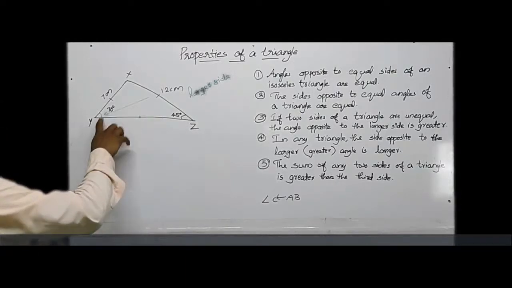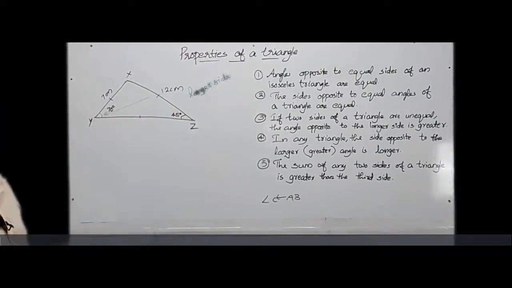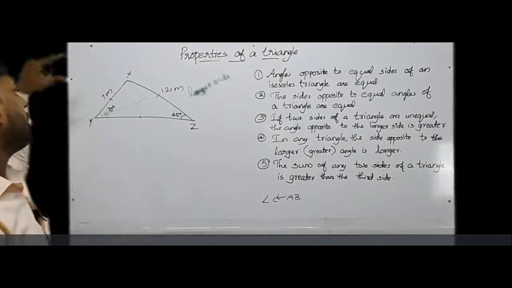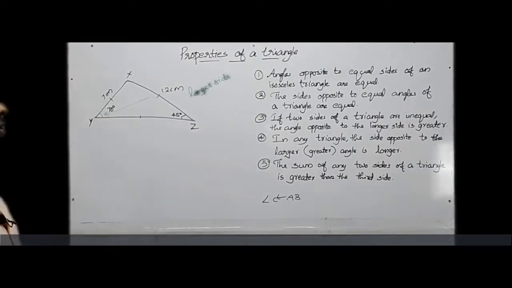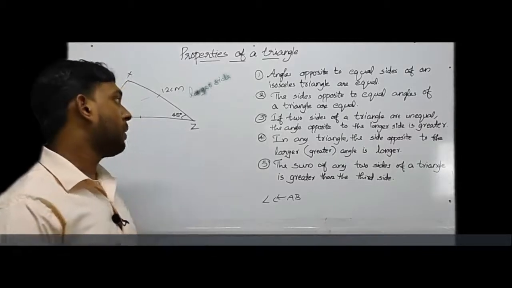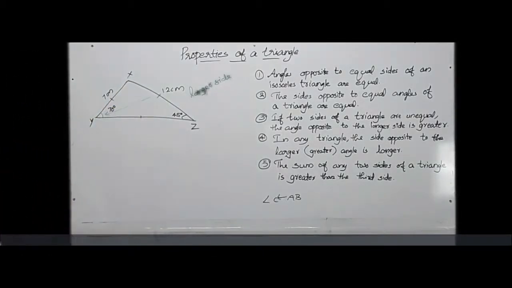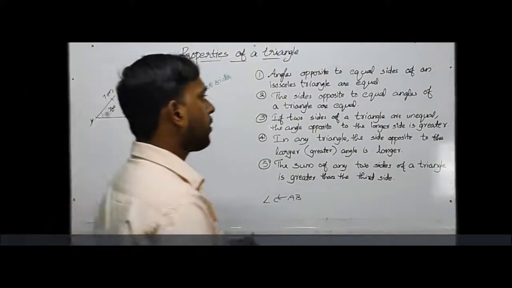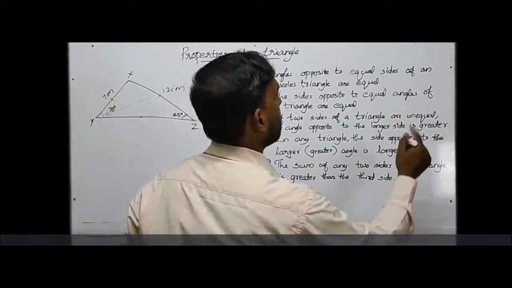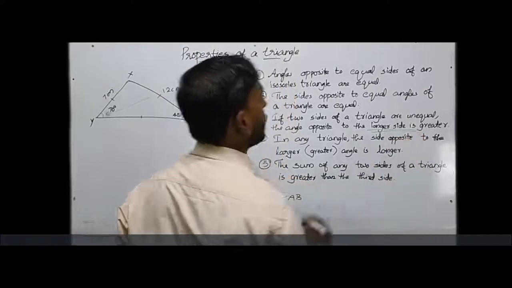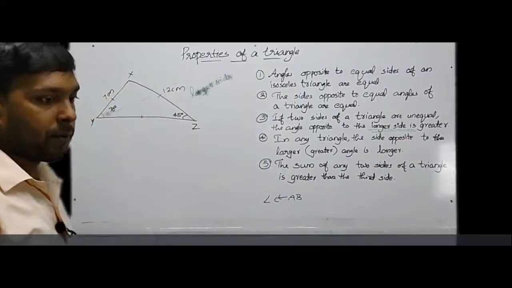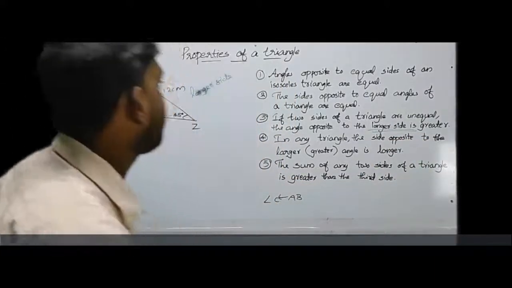It's because its opposite side is quite larger or longer than the other given side. So therefore, according to this property, if two sides of a triangle are unequal, the angle opposite to the longer side is greater. So it's very plain from here in the question itself.